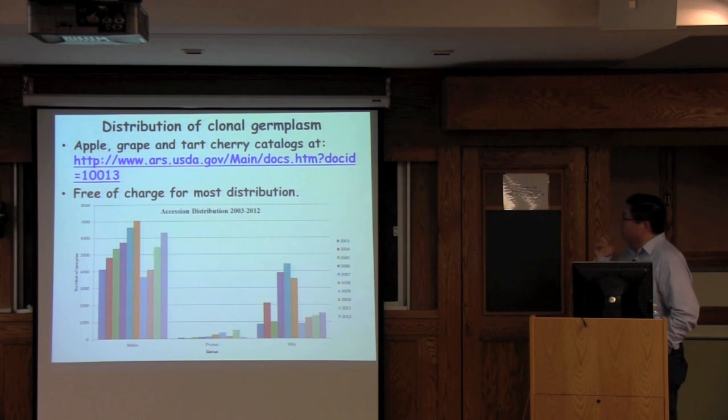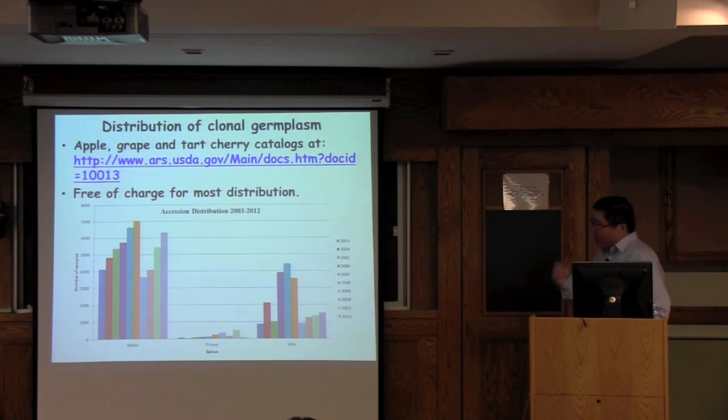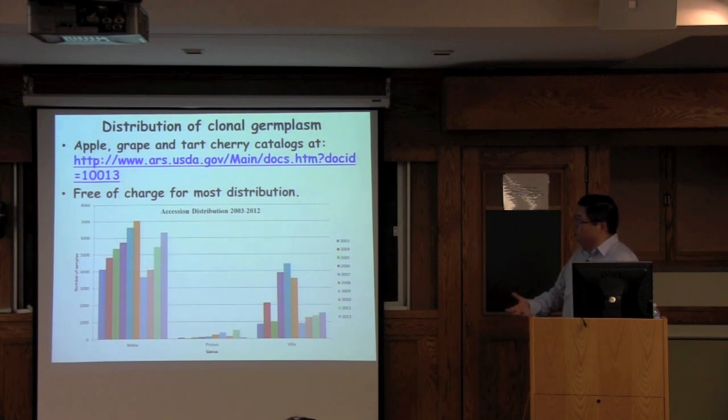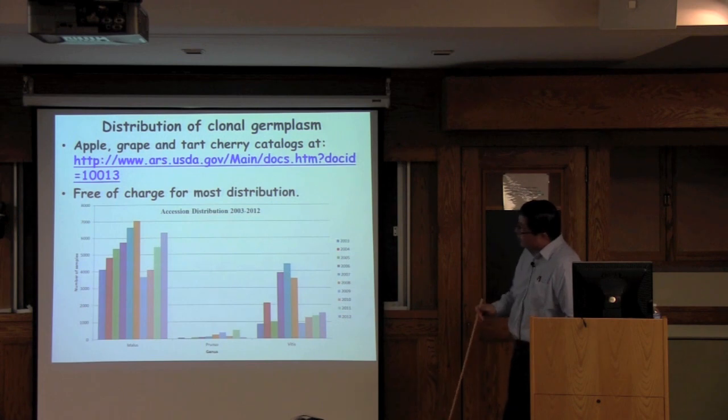Next up, to switch gears a little bit, talking about distribution for the Geneva collection. Every year we update our catalog for apple, grape, and tart cherry that's available online. Basically, all the distribution is free of charge to the stakeholders. Here's a summary table of the number of samples we distributed in the last 10 years.